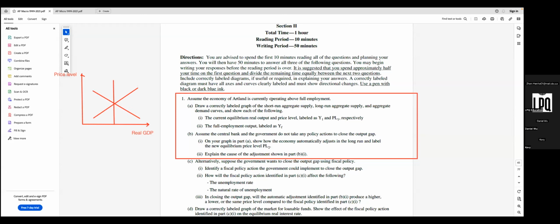Oh, but the current GDP is operating above the full employment. We just shift our AD to the right a little bit. We add three lines: long run AS, short run AS, and AD.